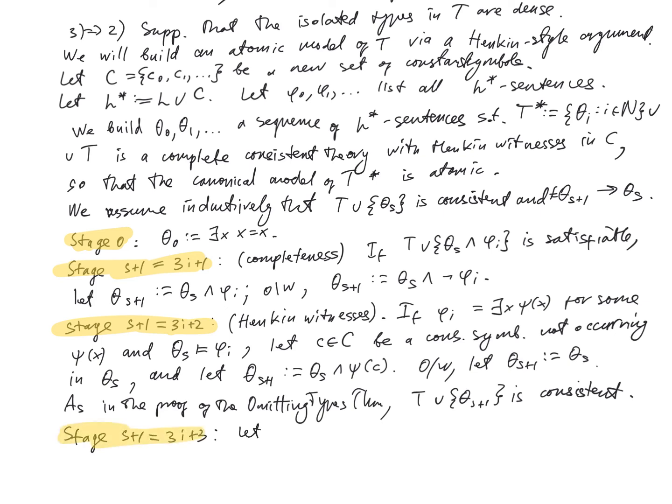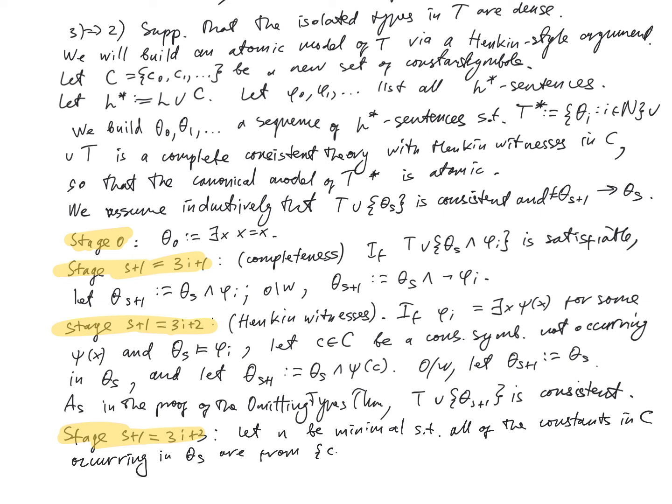On this stage, we let n be minimal such that all of the constants in C that occur in theta s are from the list C0 through Cn. It has to exist, because theta s contains only finitely many constant symbols from C.